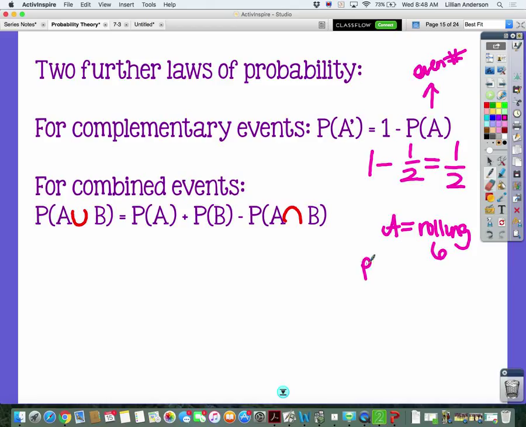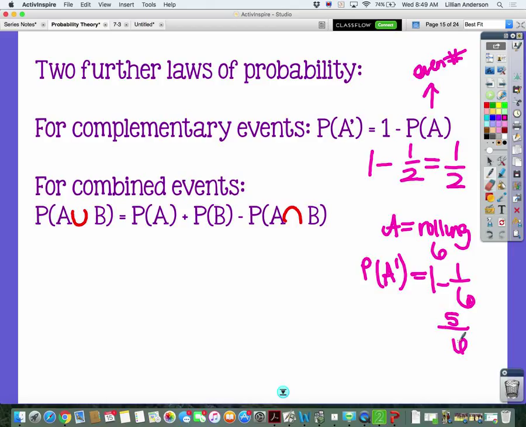Then the probability of the complement would be rolling something other than a 6. Instead of trying to figure out what all numbers we have, we could just do 1 minus 1/6. That's the probability of rolling a 6. We want the complement, which is the probability of not rolling a 6, which is 5 out of 6. If you think about it, there are 5 numbers that aren't 6, so it would be 5 out of 6.